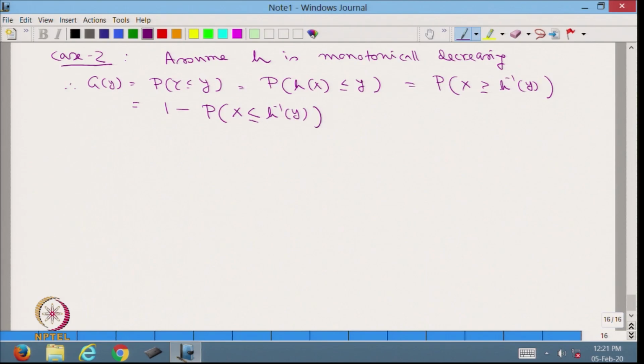In a continuous case, we can write it with equality also, which is equal to 1 minus F of h inverse y.